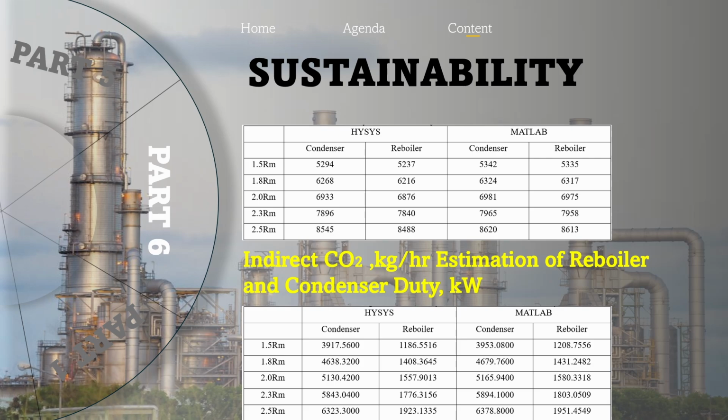The second table shows the indirect carbon dioxide emission in kilograms per hour calculated from the duty in kilowatts, where the trend of carbon dioxide increment can be seen from 3,900 to 6,300, ranging from the reflux ratio multiplier of 1.5 to 2.5.